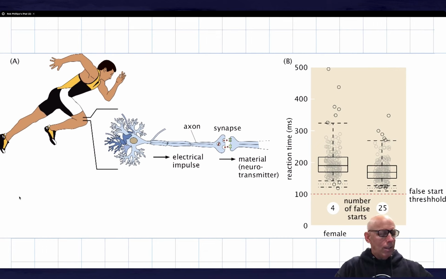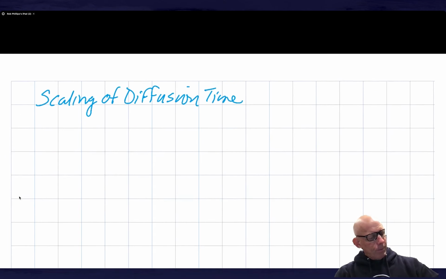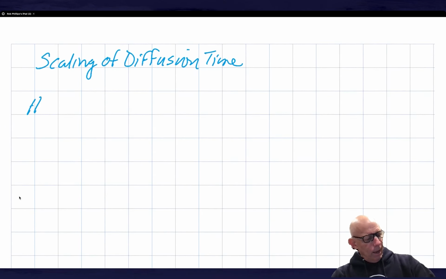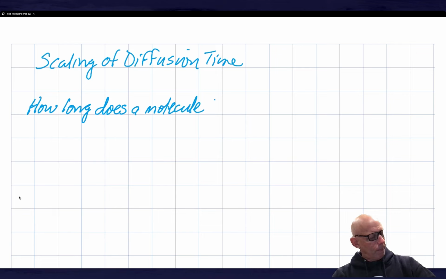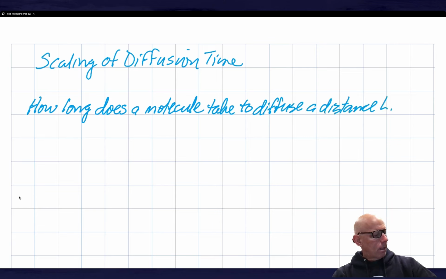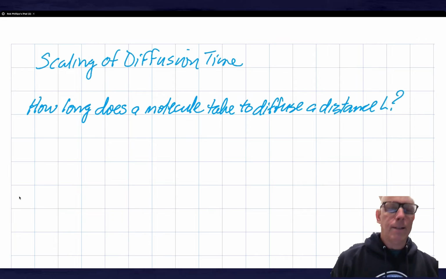We want to calculate how long does a molecule take to diffuse a distance L. So that's a question we want to ask.